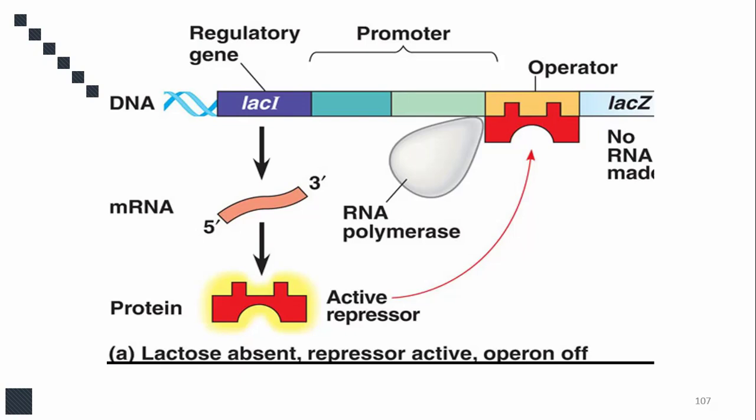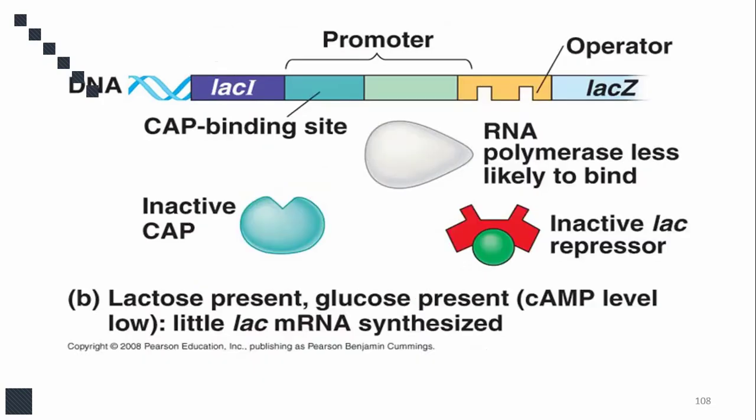If lactose is absent, the gene is suppressed. But if lactose is present, then the gene becomes active. So you can see here lactose present, glucose present, cyclic AMP level low, little lac messenger RNA is now synthesized. So what actually happens? The catabolite activating protein will bind to the promoter region.